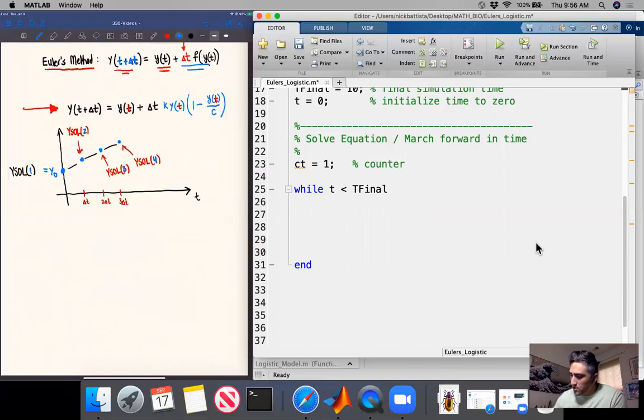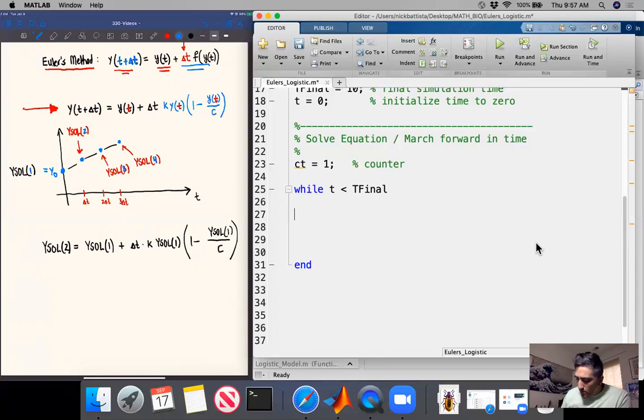So if we want the solution y sol at 2, we know that this is going to be equal to y sol at 1 plus delta t times k times y sol at 1, the previous value again, all times 1 minus y sol at 1 all over c.